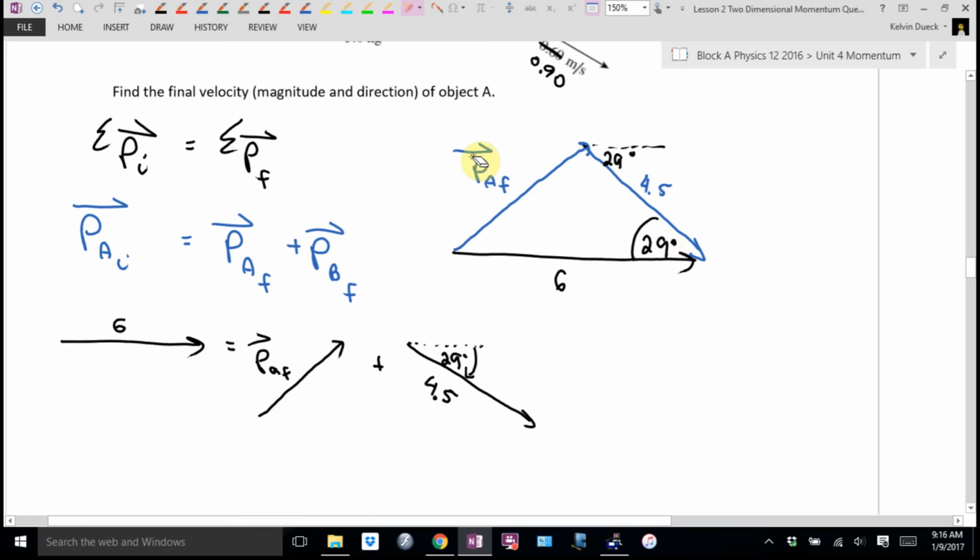So it's going to be this squared equals this squared plus this squared minus 2, this, cos that. And I realize for those of you watching at home, a lot of this is 'this' and 'that', but that's how I put it together. So Sarah, it's going to be mystery final momentum squared equals 6 squared plus 4.5 squared minus 2 times 6 times 4.5 cosine 29.